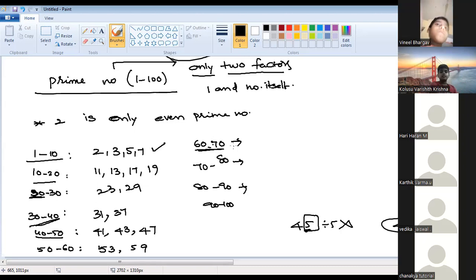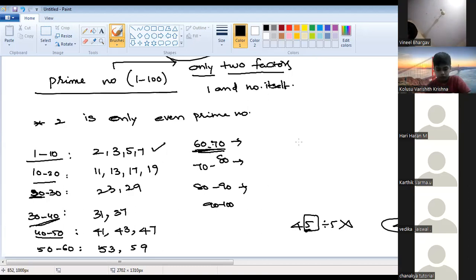Ma'am, numbers ending with 2, 4, 6, 8 or 0 are divisible by 2, and the divisibility rule of 3 is that the sum of the digits is a multiple of 3. Very good. Both are correct. Don't divert the topic. I want 60 to 70. Who will answer?